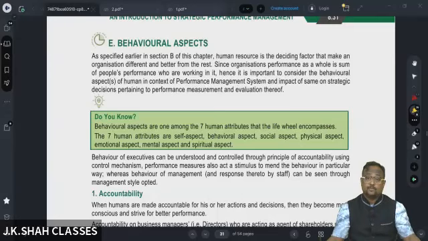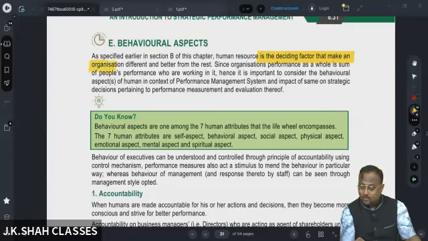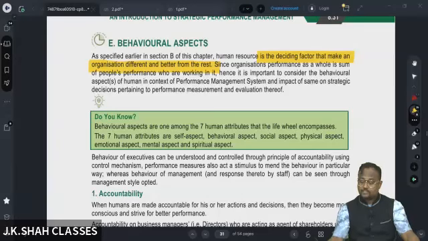with some behavioral aspects. See, as specified earlier in section B of this chapter, human resource is the deciding factor that makes an organization different and better from the rest.